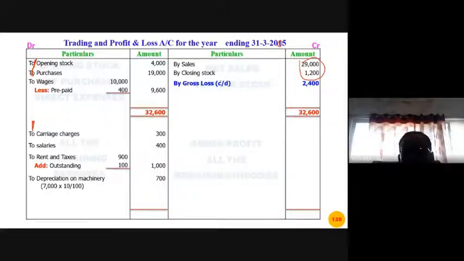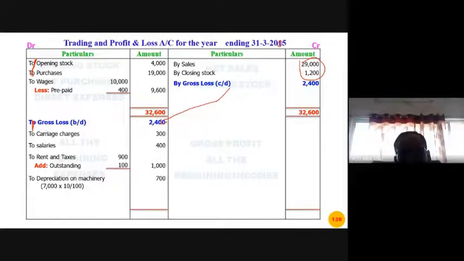This gross loss has to be shown on the debit side of the profit and loss account. Here we have to show it immediately: to gross loss, brought down, 2,400.